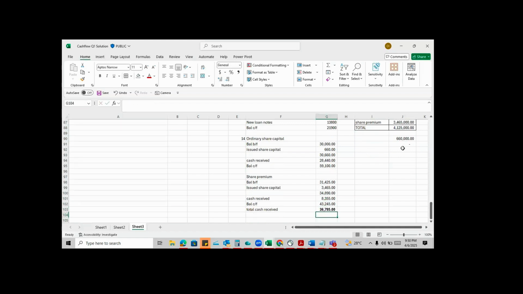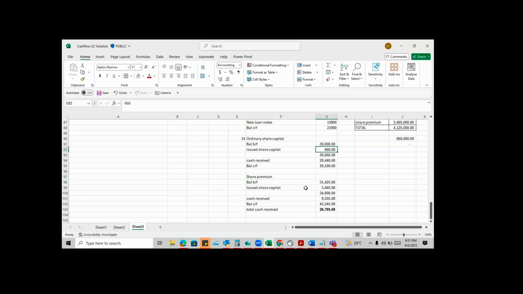If you look at their solution, what they did was model this together, ordinary share capital and share premium. What we have done is simply break it down to see the cash consideration for ordinary share capital and the cash consideration for share premium. But because I linked the formula together, the whole amount came here.